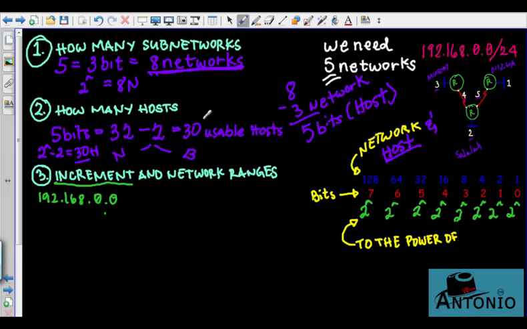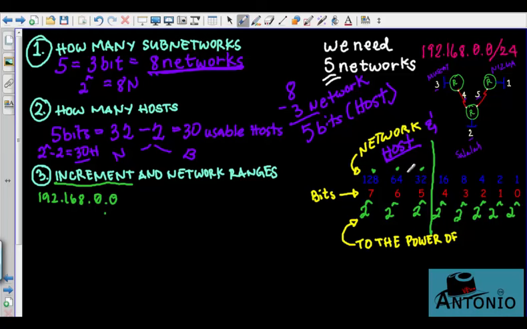So let's see where that 3 bits is. Okay, it's very simple. From here in our binary chart, you have to write your 3 bits: 1, 2, 3, and put the dividing line in between. Okay, so there is your 3 bits.